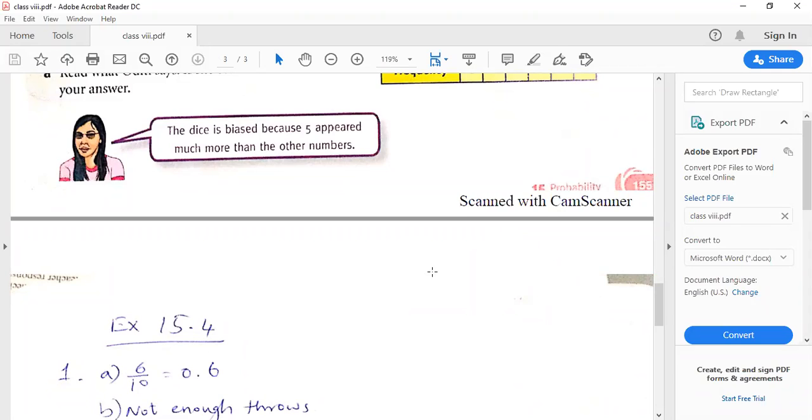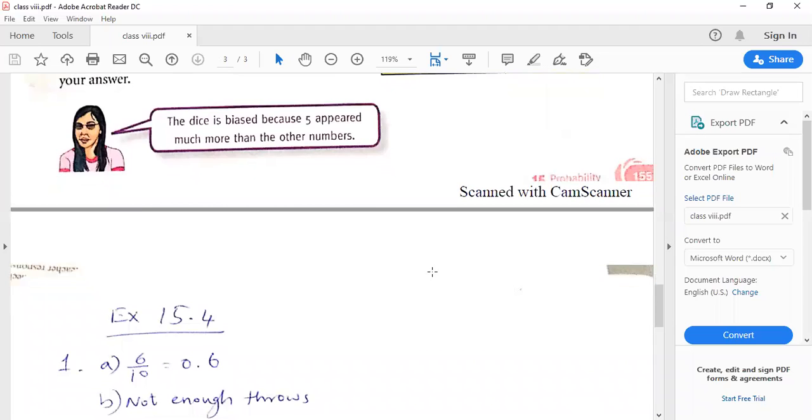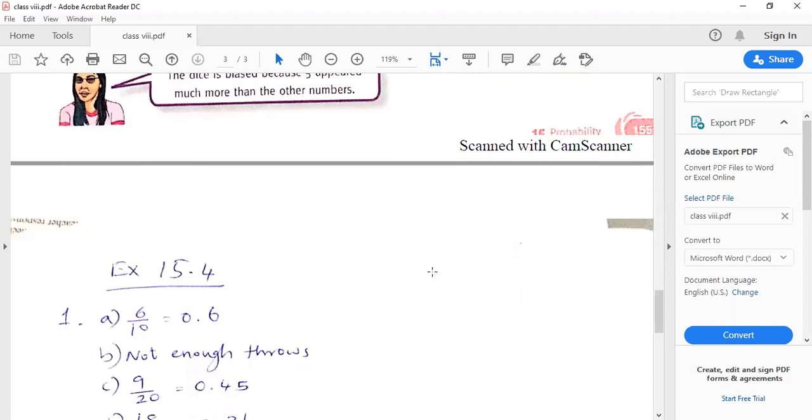So 9 out of 20 is 0.45. Okay, so 0.45 for number C.